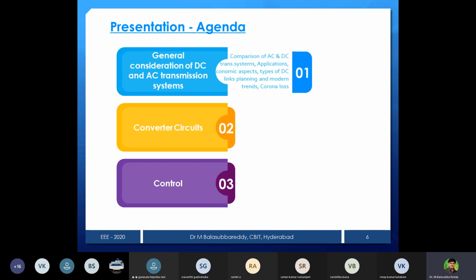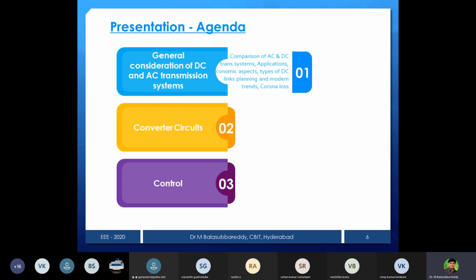Here more or less only 2 to 3 questions come from this unit. One thing is comparison of AC and DC transmission. If that is an essay question, we need to explain all three aspects. One is economics, and in what way, whether DC transmission is superior or AC transmission is superior.